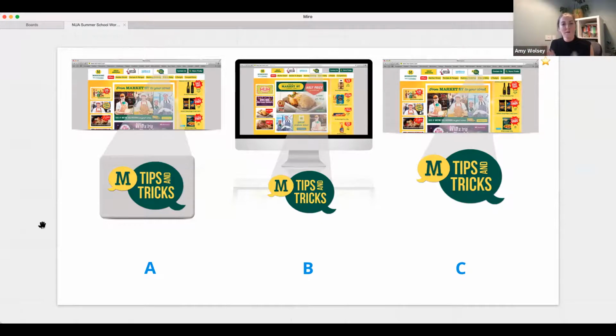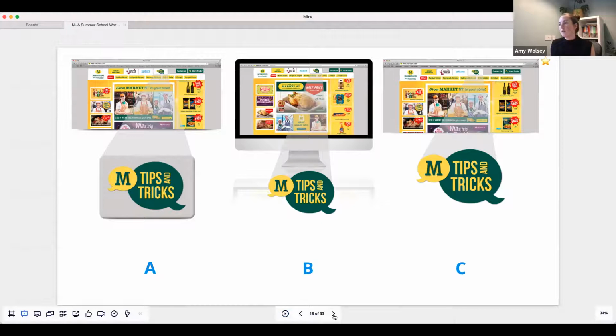I could have just gone, all right, I'll stick B on there. But now I have a reason to explain and a reason to write up or to talk through when I'm presenting it, that actually it's got a black outline, I can see the logo really easily. So that's the reason why I'm going to put this one on my portfolio and not the other ones. So it's good to always ask why.